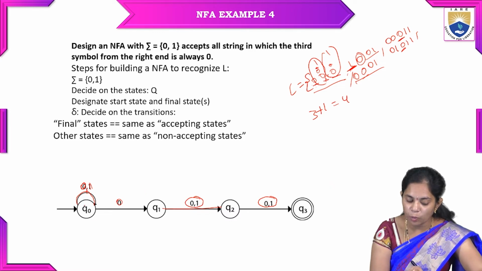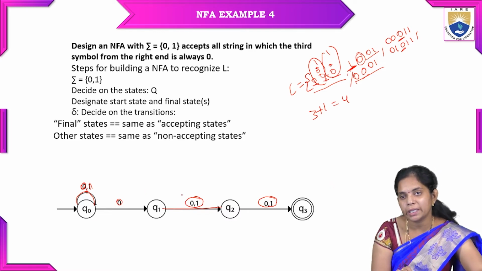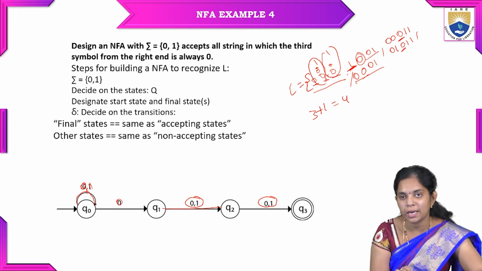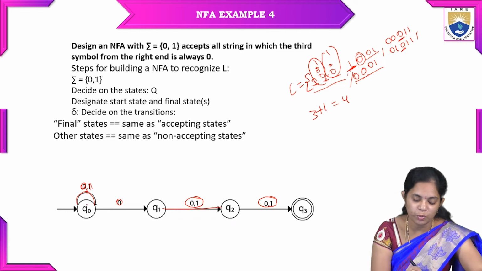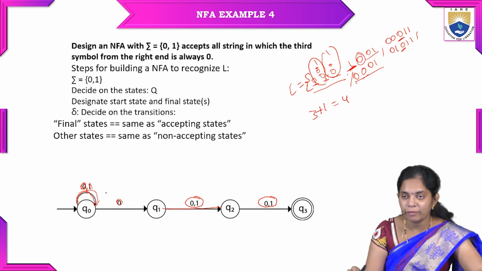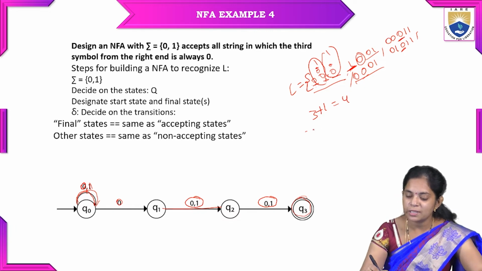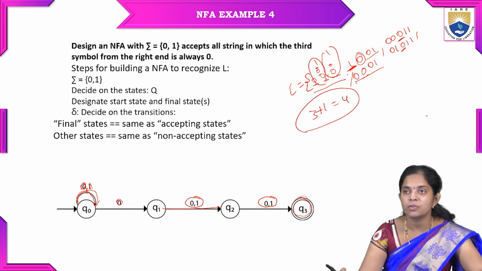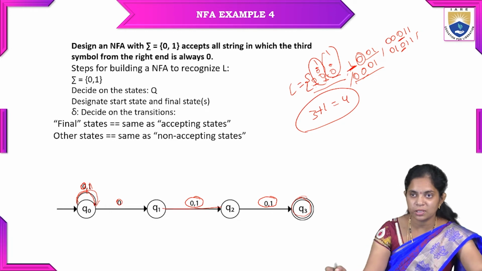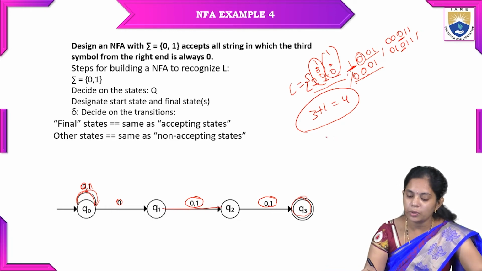And like that, however many times zeros repeat in the construction of the string, it should be satisfied with the loop. Like this, and finally it should reach the final state Q3. So how many states are required for this construction of the NFA? We require 4 states.